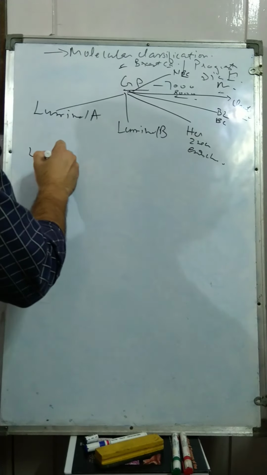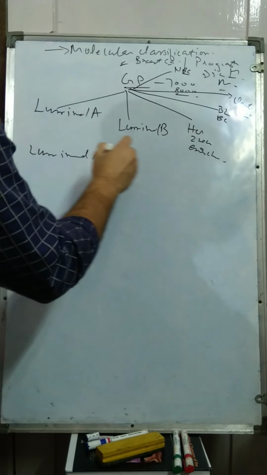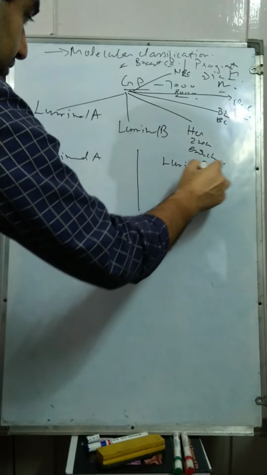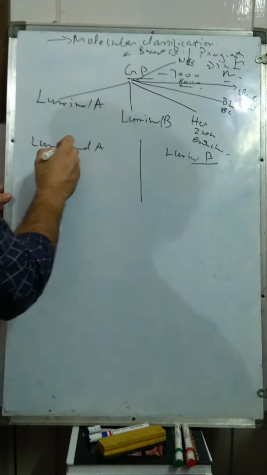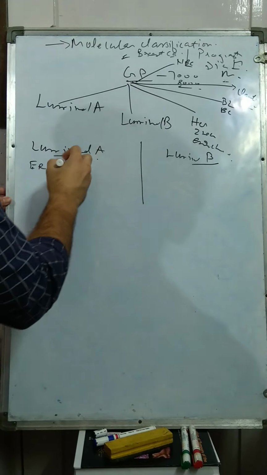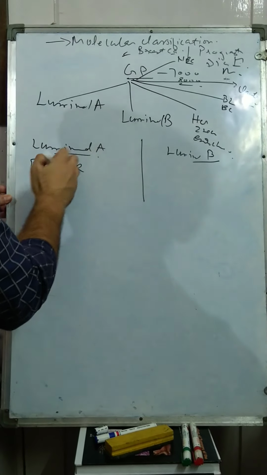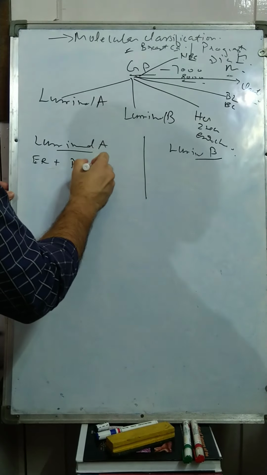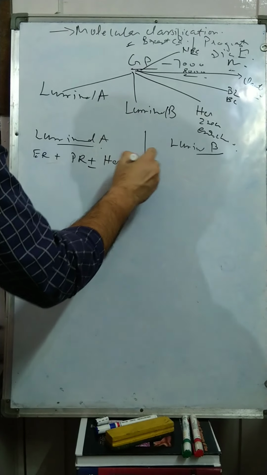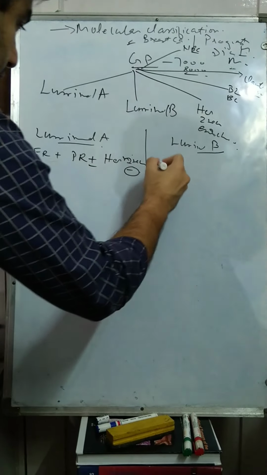So starting with luminal A and luminal B. Mind you, this was based on gene profiling, but we are going to use some IHC markers which can be used in our setting to differentiate between luminal A and luminal B. Coming to the definition of luminal A, they are ER positive, ER always positive, PR plus or minus, and HER2 neu negative.